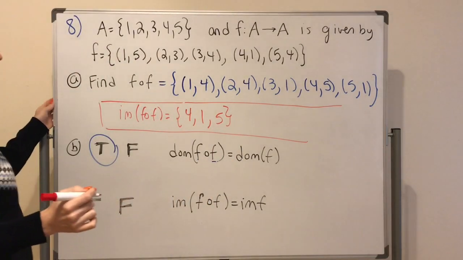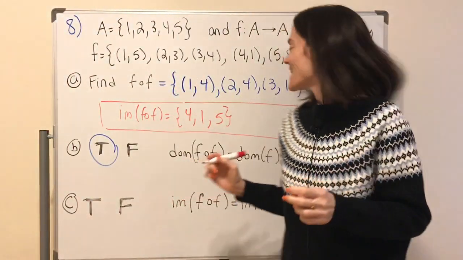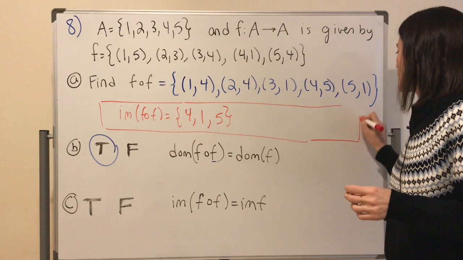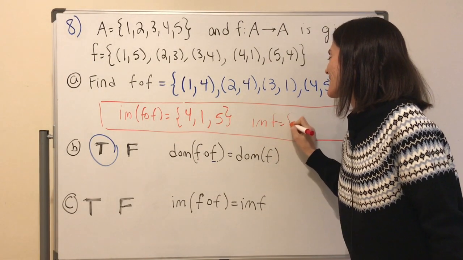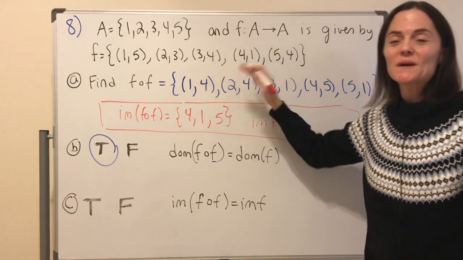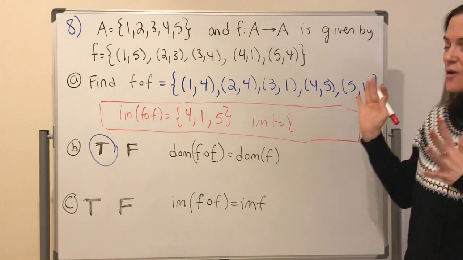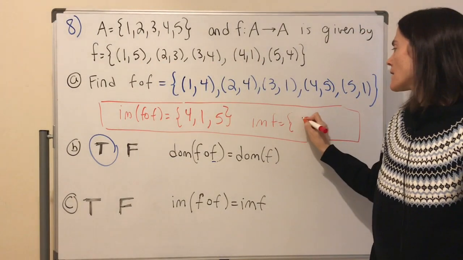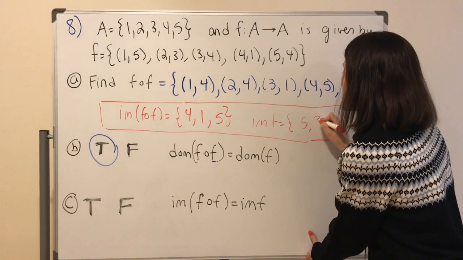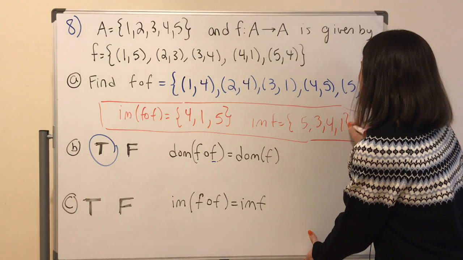Okay? On the other hand, if we want the image of f, well, we look in f and we look at the set of all second coordinates of elements in f. This is 5, 3, 4, and 1.